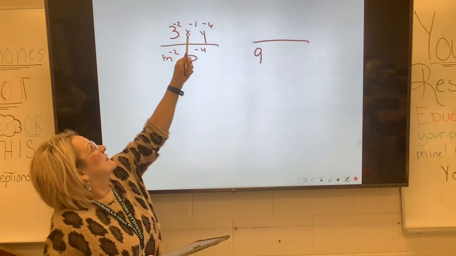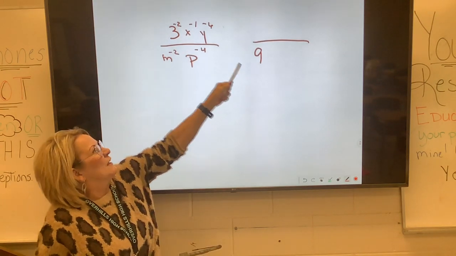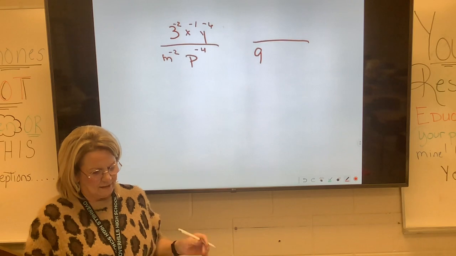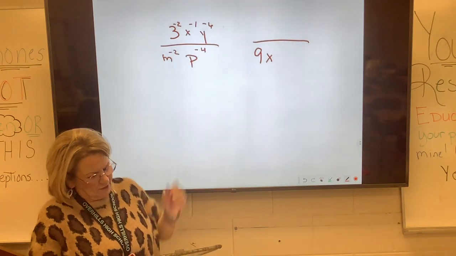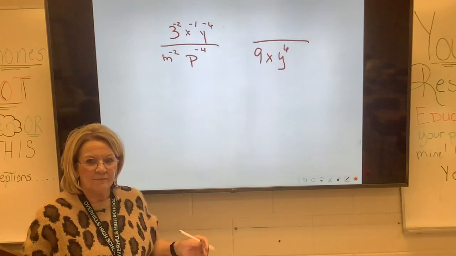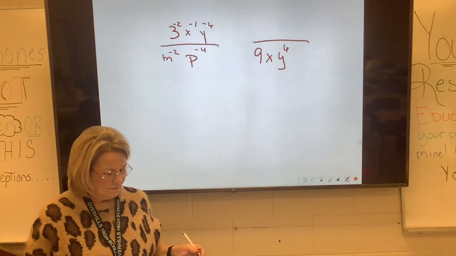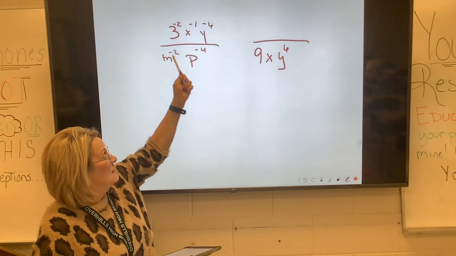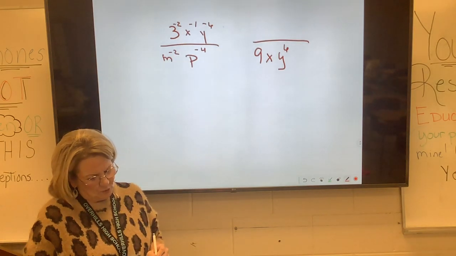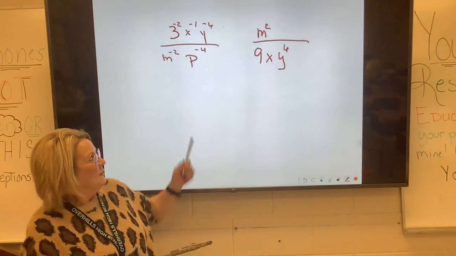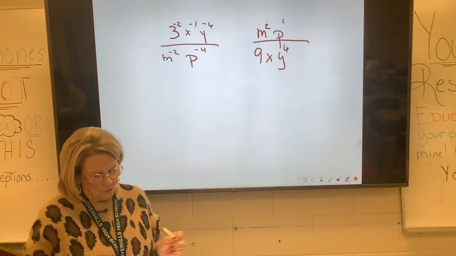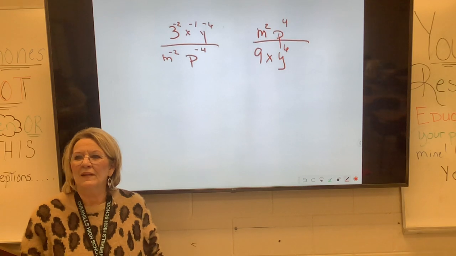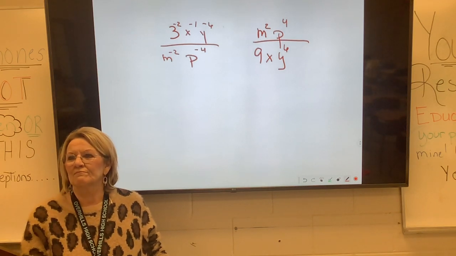To make that x to the negative 1 positive, I got to pull it to the bottom, and that becomes just an x. Y to the negative 6 positive, pull it to the bottom, it becomes a y to the 6th. M to the negative 2 positive, it's got to come up, m squared. And p to the negative 4 positive, it's got to come up, p to the 4th. So you just flip them? Okay.